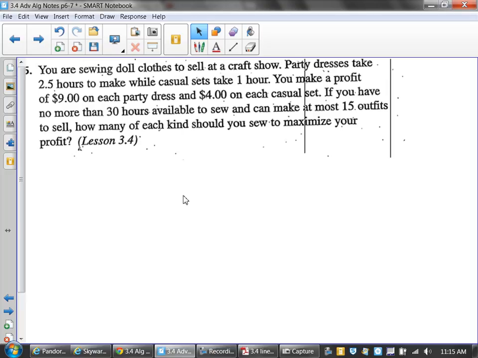You make a profit of $9 on the party dress and $4 on the casual sets. If you have no more than 30 hours to work, and you can make at most 15 outfits, how many of each kind can you make in order to maximize your profits?